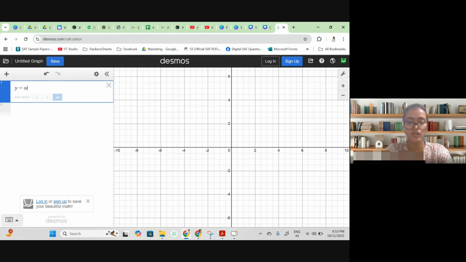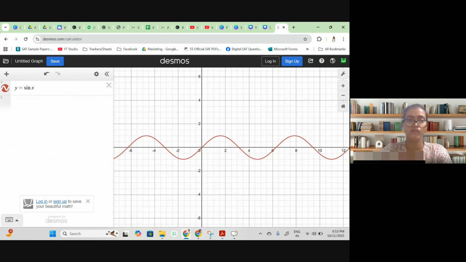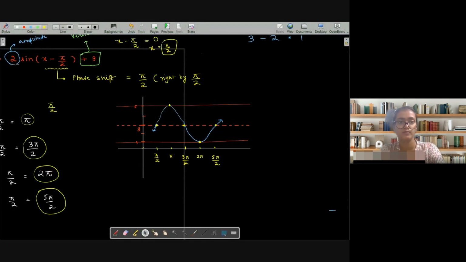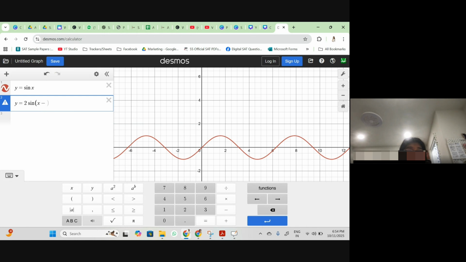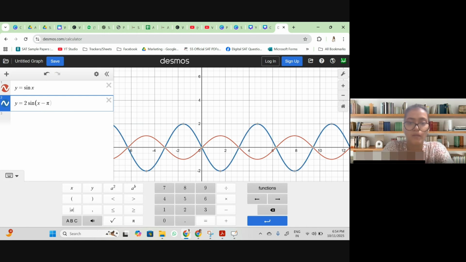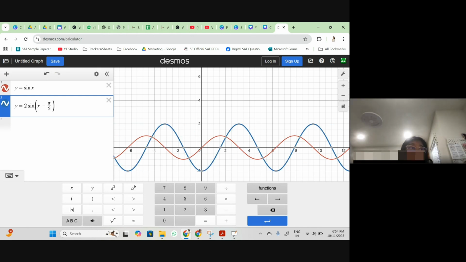This is the graph of the parent function. It starts from 0. And our graph is y equals 2 sine of x minus pi by 2, plus 3.